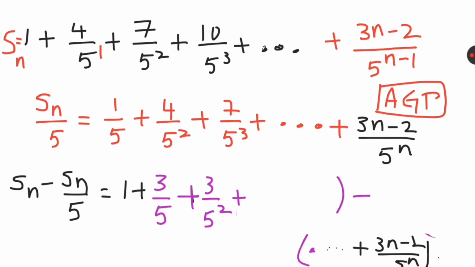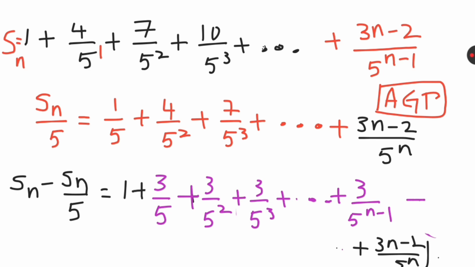Then 3 over 5 power 2 plus 3 over 5 power 3 and so on, up to 3 over 5 raised to the power of n minus 1. Here we have a minus, so the nth term also becomes minus. So what is left? The last term is going to be 3n minus 2 over 5 raised to the power of n.